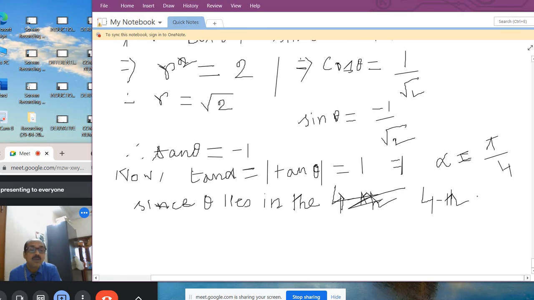Therefore theta equal to minus alpha, so equal to minus pi by 4.